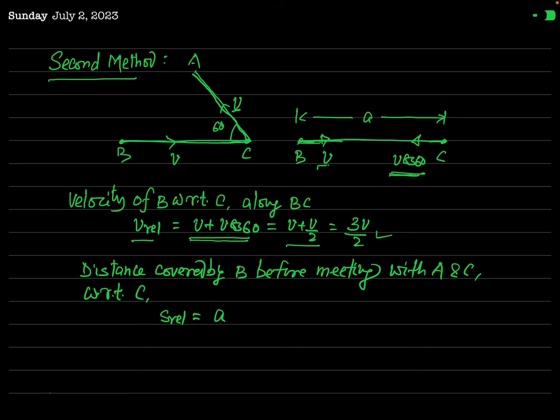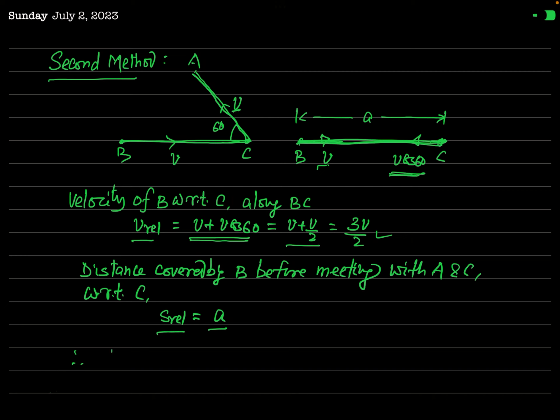Now, as you have considered C as the reference frame, C will be at rest, and B will then meet C at this position C. Although the actual state of affairs is different, the particle is actually meeting at O, this is just a technique to solve the problem. We can think that C is stationary and B meets particle C at its initial position C. And so the distance covered by particle B before meeting C, that is S relative, will be a.